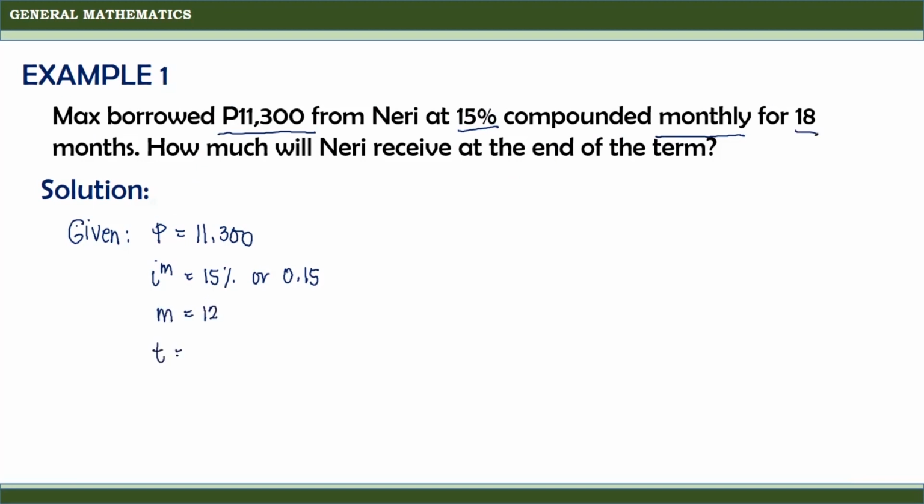The time, which is 18 months, will be equal to 1.5 years, because remember that the time or the term should always be written in terms of years. Moreover, to solve for the future value, we will be using the formula F equals P quantity 1 plus IM divided by M raised to MT.